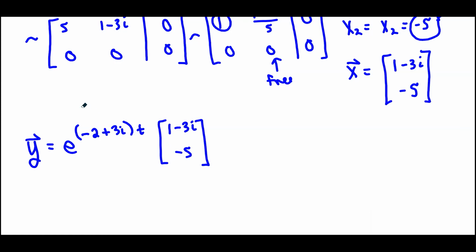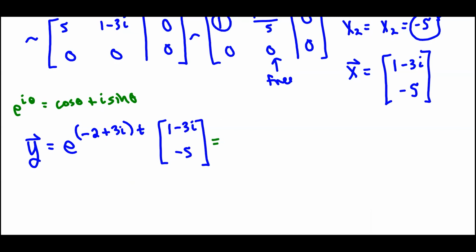So notice this isn't exactly in the form that we need for Euler's. Right? Euler's is e to the i theta, it's cosine theta plus i sine theta. So we need to change this a little bit.